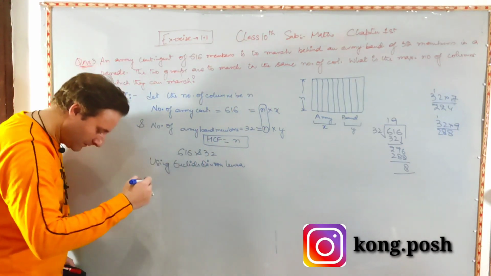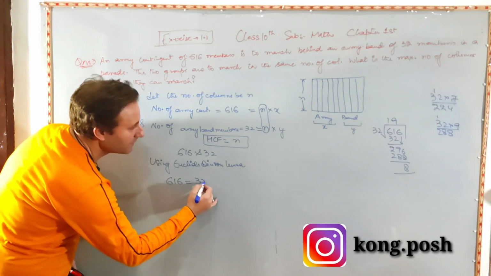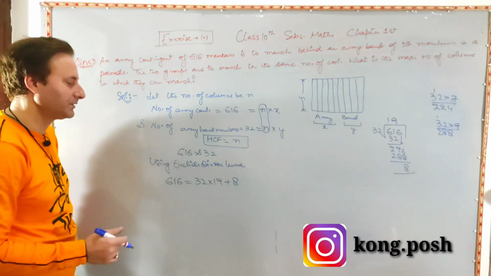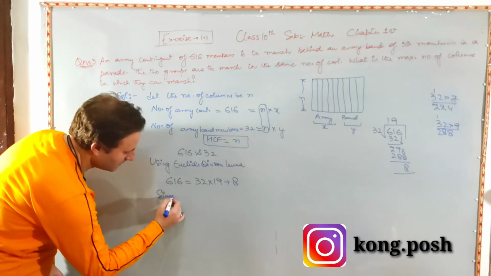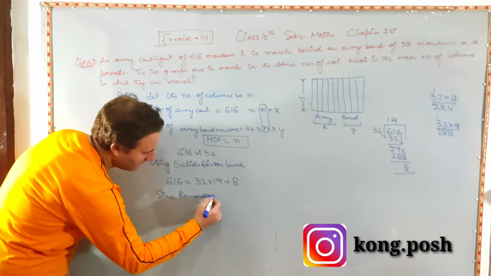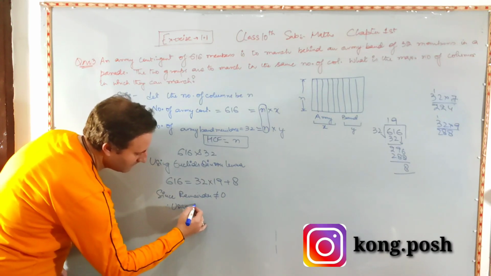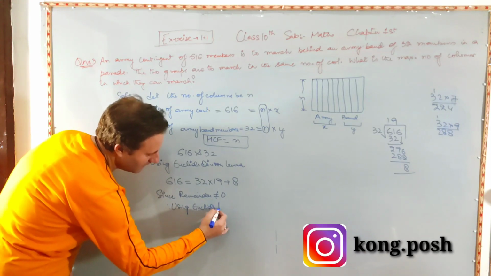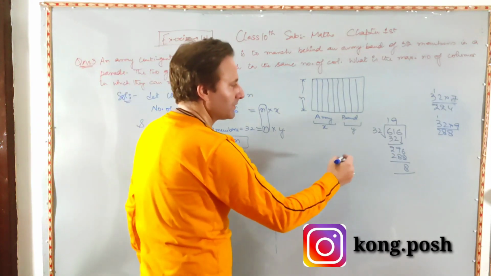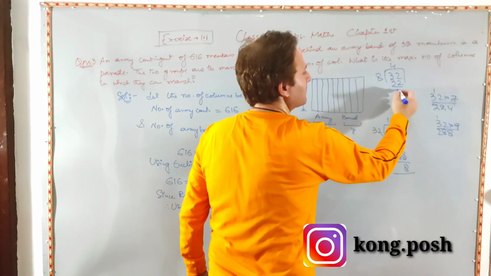So I can say that 616 is equal to 32 multiplied by 19 plus 8, right? Again, the remainder is not 0, since remainder is not equal to 0, therefore using Euclid's lemma, again what I have to do, I have to divide 32 with 8. 8 4s are 32.